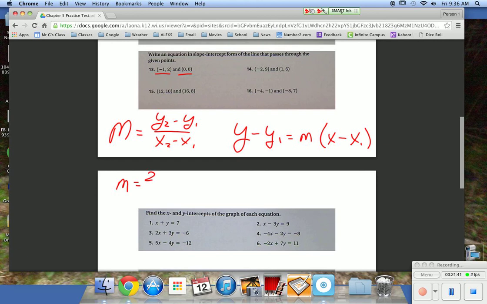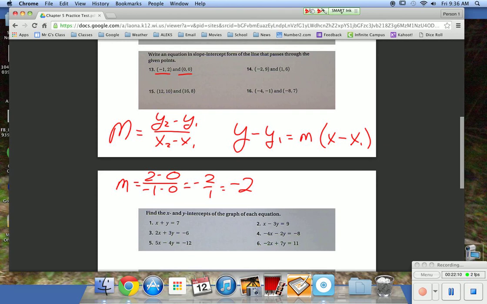It's 2 minus 0 over -1 minus 0, or x. Okay? So we come up with a -2 over 1, or -2. Okay? So we've got our slope. What do we use next?